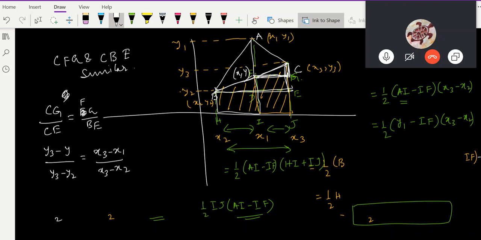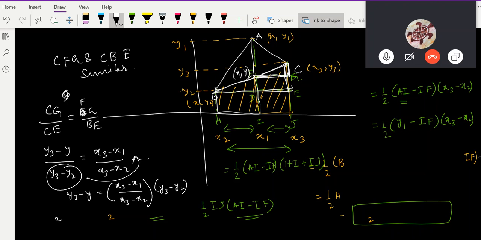So now can we find Y? Yes, sir. Y3 minus Y is equal to X3 minus X1 by X3 minus X2 into Y3 minus Y2, right? I bring this term up, right?